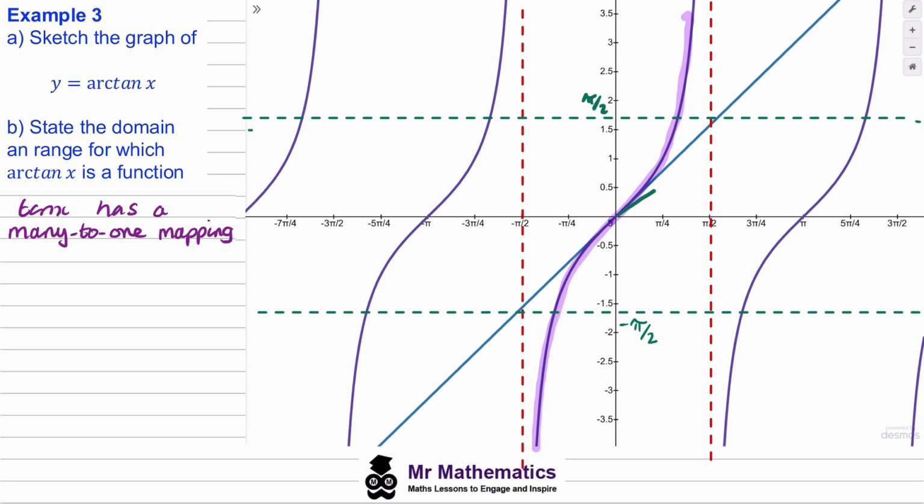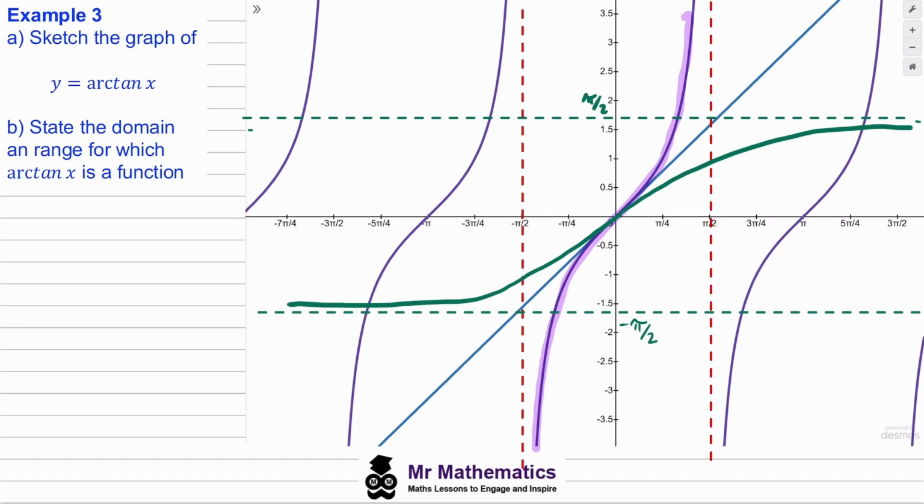So y equals arctan of x will be the reflection in the line y equals x. So we get a smooth curve that's increasing throughout the entire domain and is centered on the origin. Now we have tan of x and arctan of x as one-to-one functions.